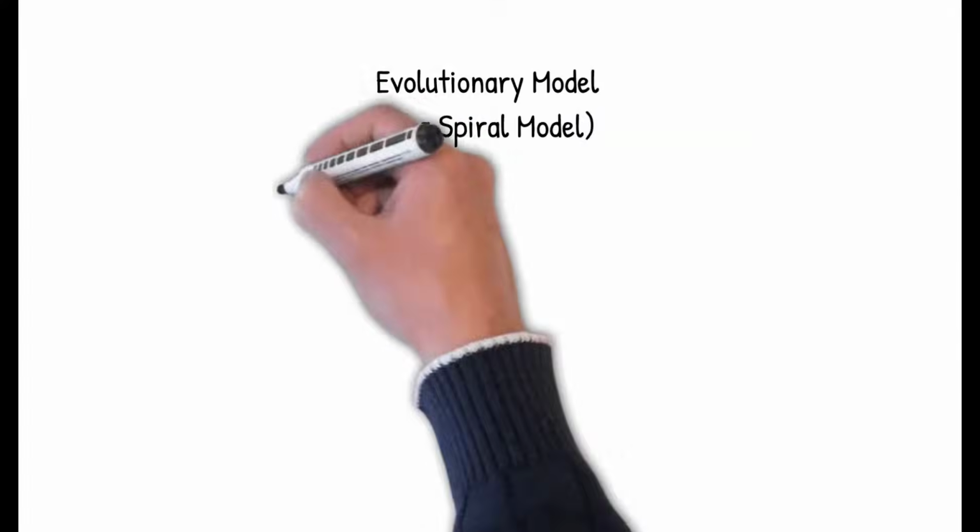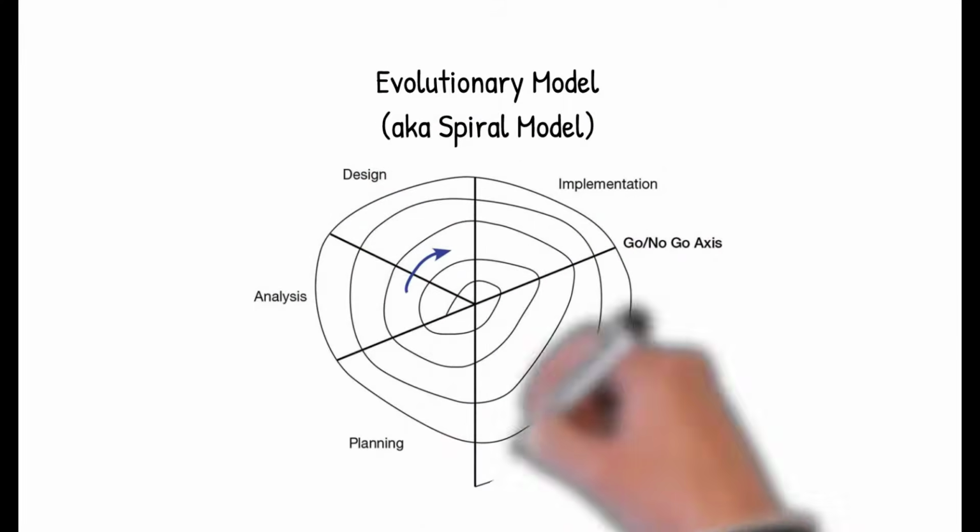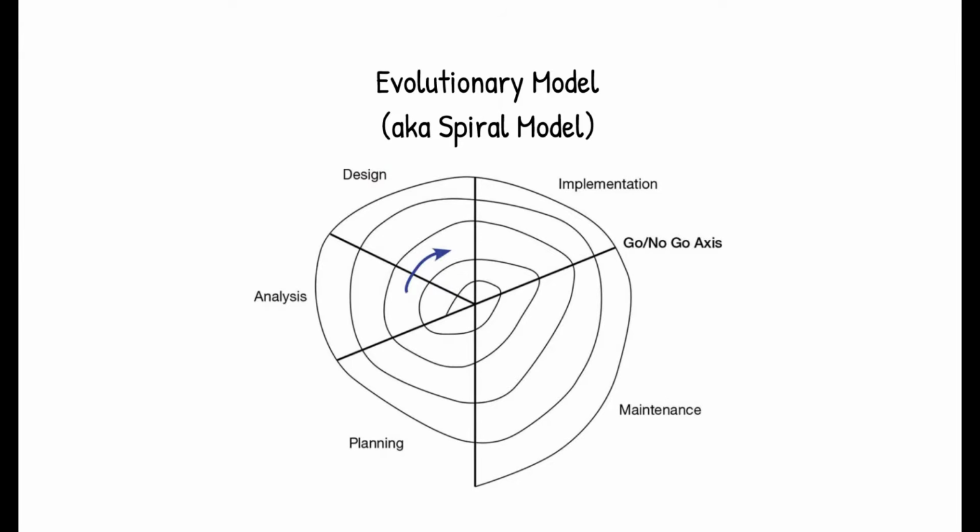Evolutionary models are sometimes known as spiral models because of the constant iteration involved. Evolutionary models sometimes use the same phases in the SDLC, but the key difference is that there isn't really a specific end goal to meet by the time you get to the maintenance phase. At that point, you can decide to add or remove features based on user feedback.